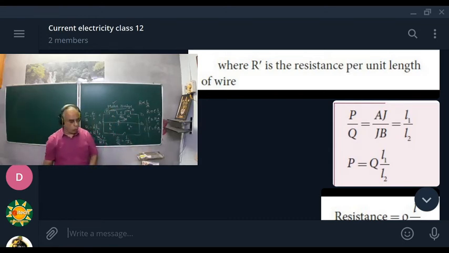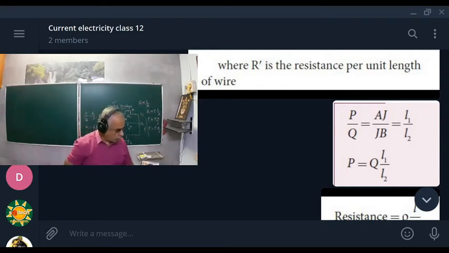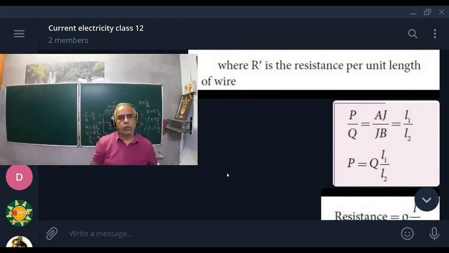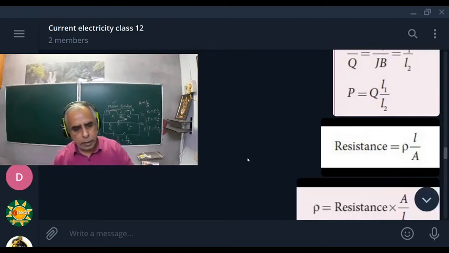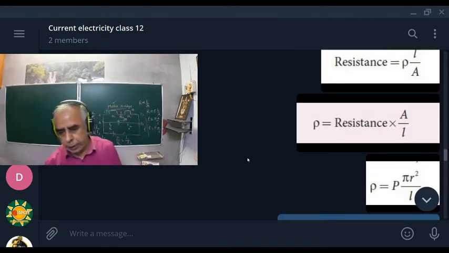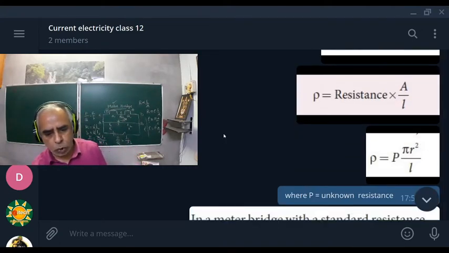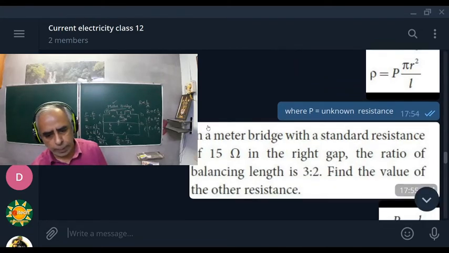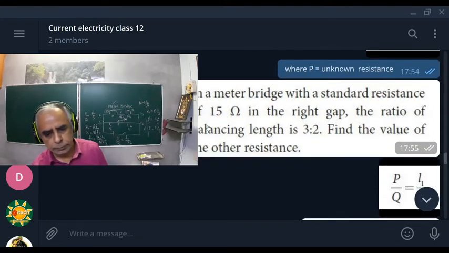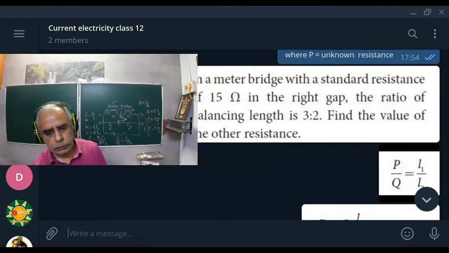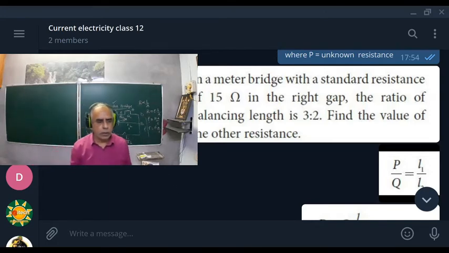This is one of the important applications of the Wheatstone bridge, and let me go through a few problems based on the meter bridge. You just look at this problem.